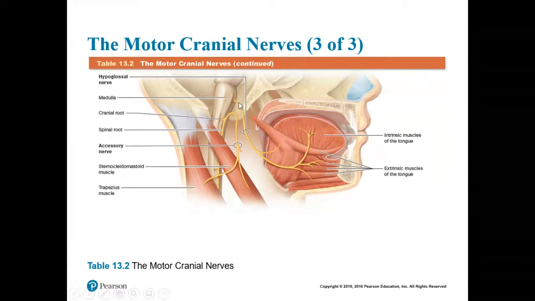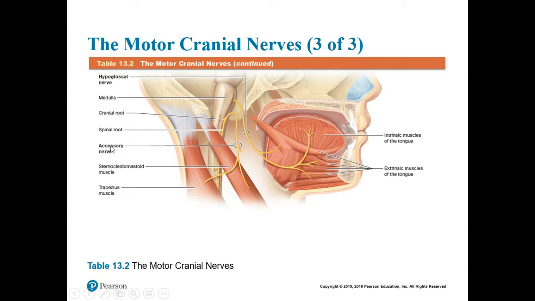That's its origin, and then it extends all the way down and forms many branches onto every single one of our lingual muscles, right? So all of the muscles that move the tongue. Okay, so that's what the hypoglossal nerve does. It controls the movement of the tongue muscles.